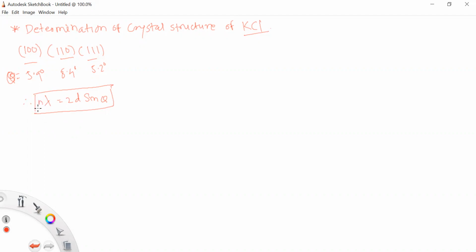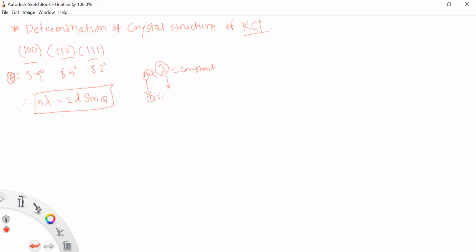Here n is the order of reflection, and lambda is the wavelength of the monochromatic X-ray incident on the sample. Both factors are constant, meaning they have fixed values that do not change. The order of reflection is like 1, 2, 3, and for a given order it does not change.